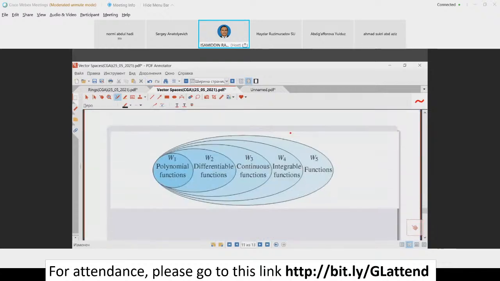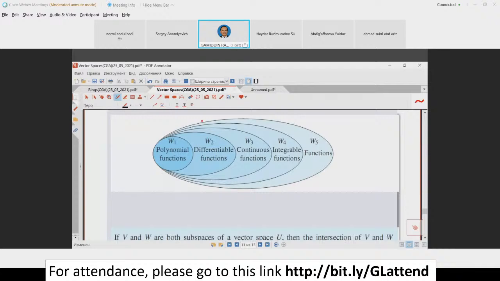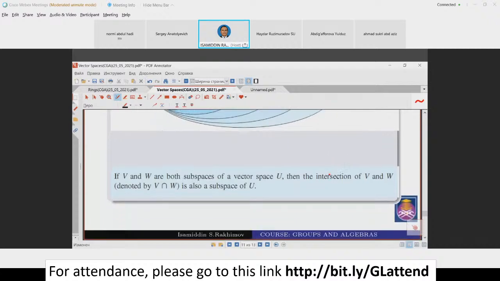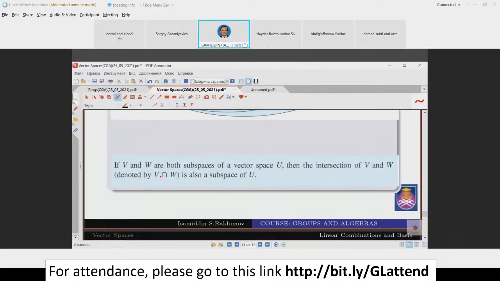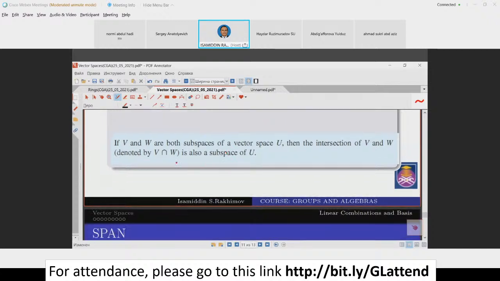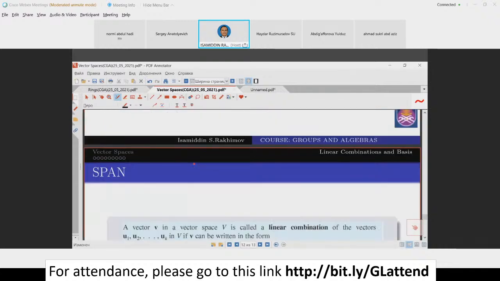Here is a picture expressing those inclusions: all polynomials, then all differentiable functions, then continuous functions, then integrable functions, and all functions defined on the closed interval [0, 1]. Here you can define the intersection of any subspaces. Then it is a subspace again, which can be easily seen from the axioms already done.